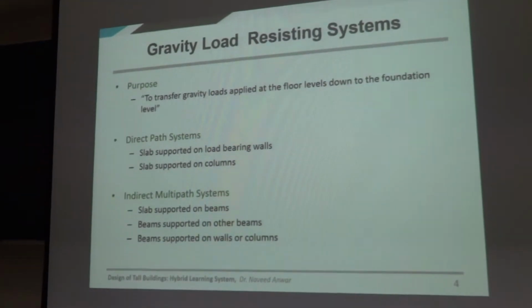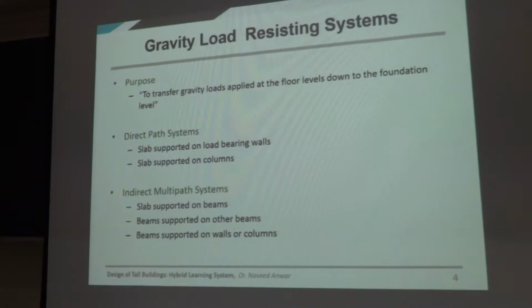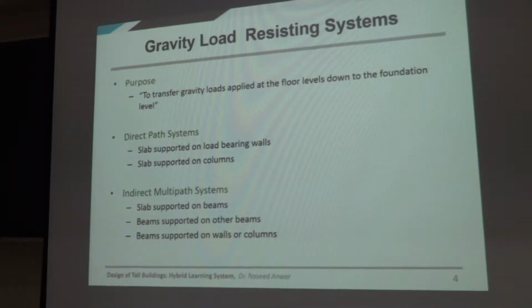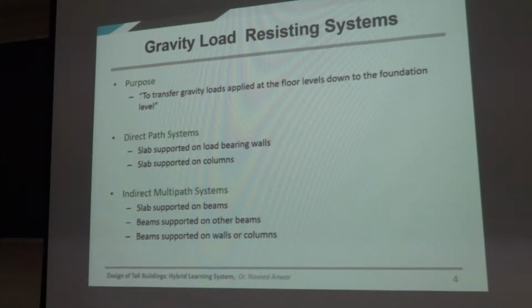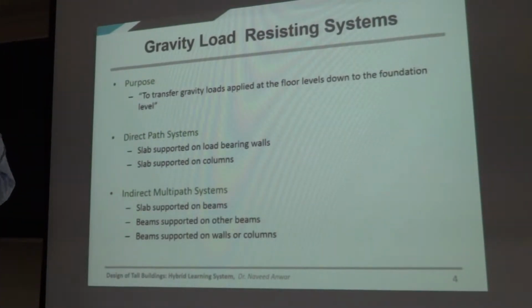So we need the whole system. If I'm standing here, my load should be transferred from the slab to the beam, beam to the column, column to the foundation, and so on. So this whole path which we follow to transfer the gravity loads is what we need to study.